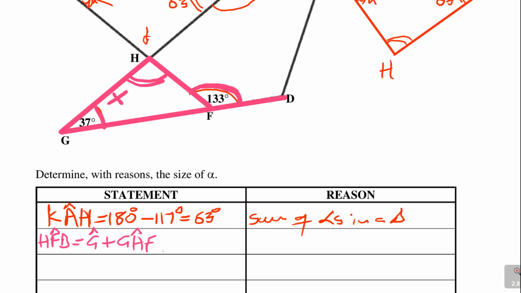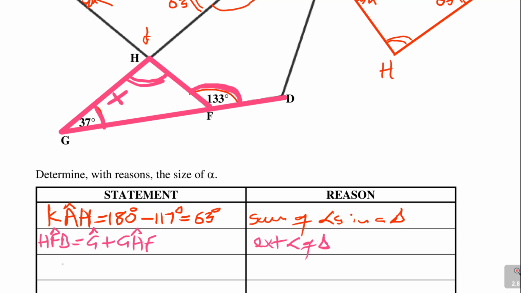Right. Then now what you do is what? Exterior angle of a triangle equals the interior opposite angles. You just say exterior angle of a triangle. I think that's the reason. Let's not say much. Exterior angle of a triangle.